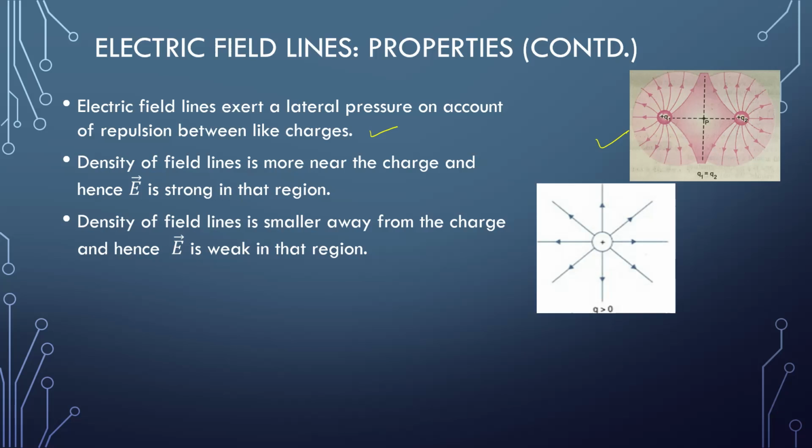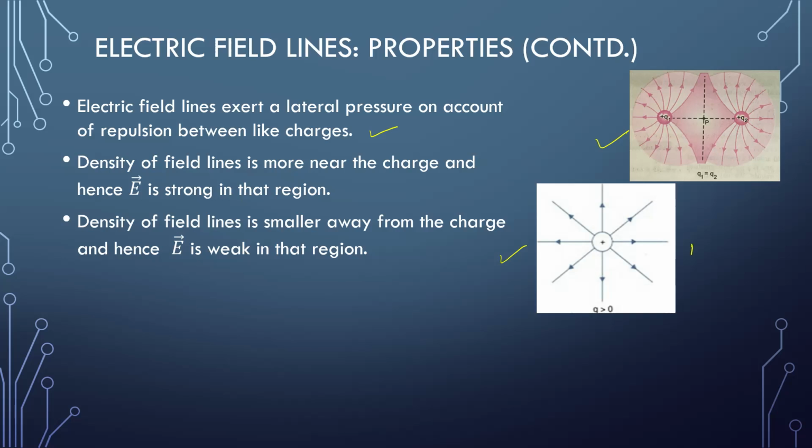Then density of field lines is more near the charge and hence E vector is strong in that region. Suppose I take the help of this diagram also, you can see that the density of field lines is more near the charge, and as we go away from the charge, the distance between the field lines goes on increasing.